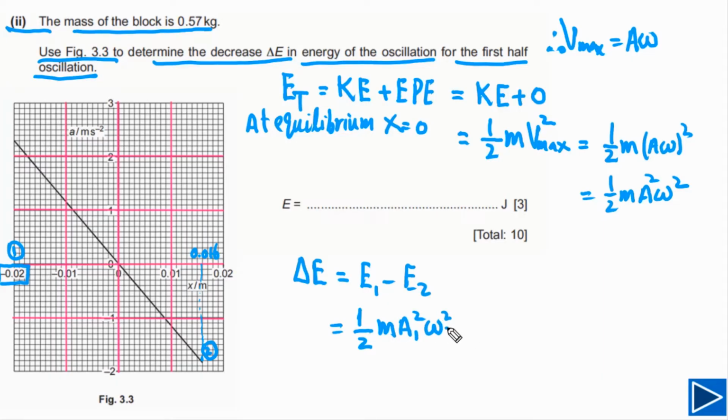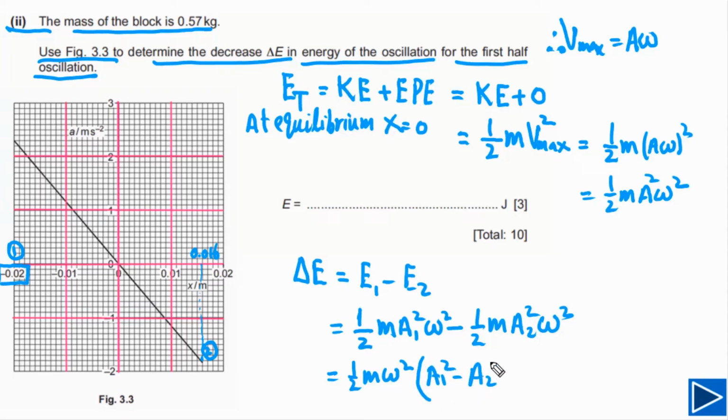Omega for the system is constant. And here we have 1/2 m A2 squared times omega squared. If you look at these two equations, 1/2 m times omega squared is constant, so we can take this out. So we are left with A1 squared minus A2 squared.